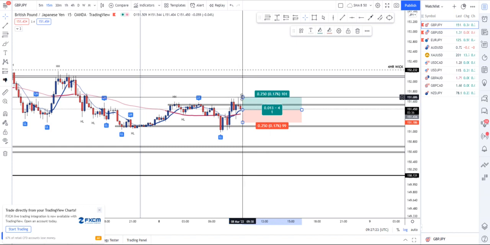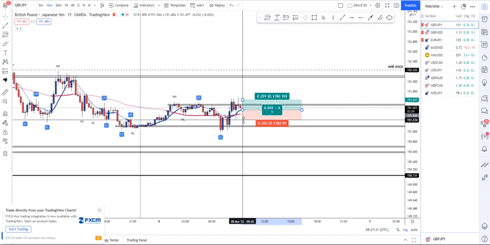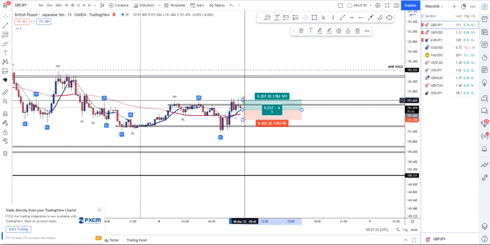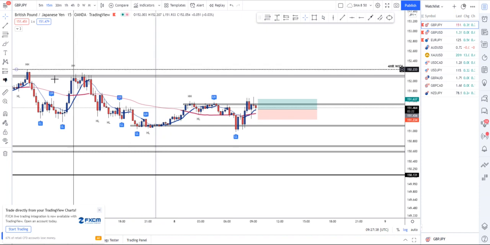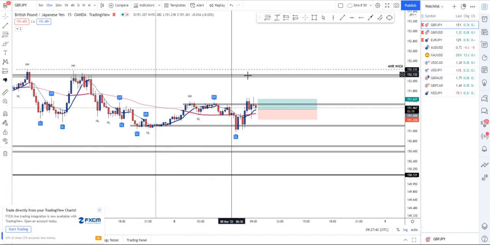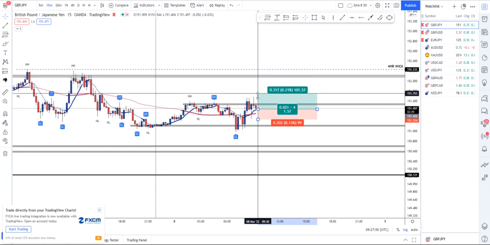How I look at it, I aim for a 1-to-1, and then look to have my second position as a runner, with my overall target being the most recent support resistance zone, which in this case is here. That would be a target of around 64, 65 pips.